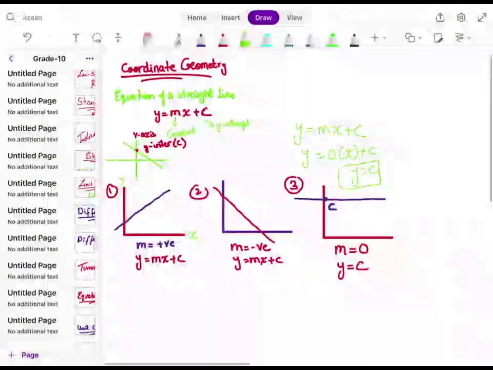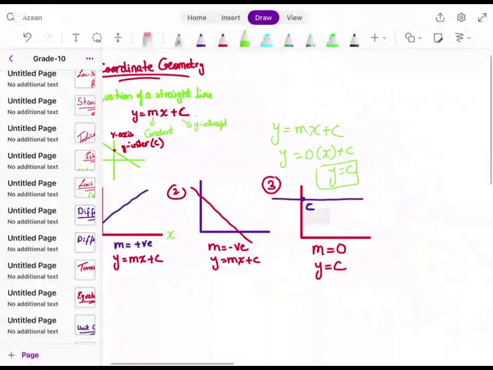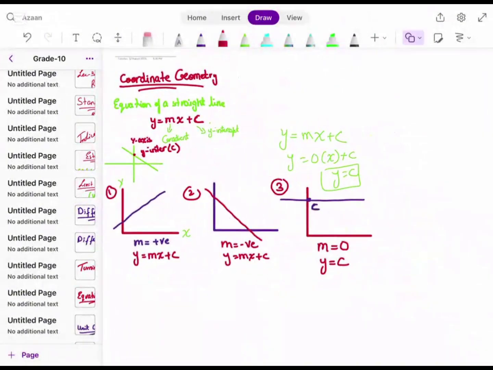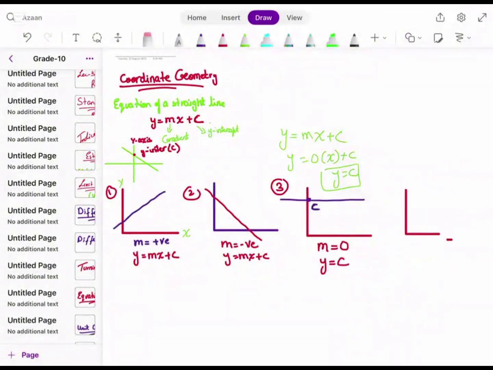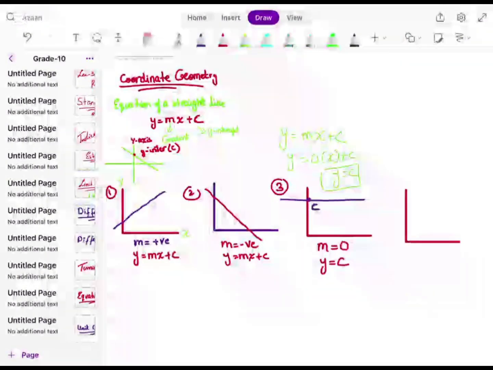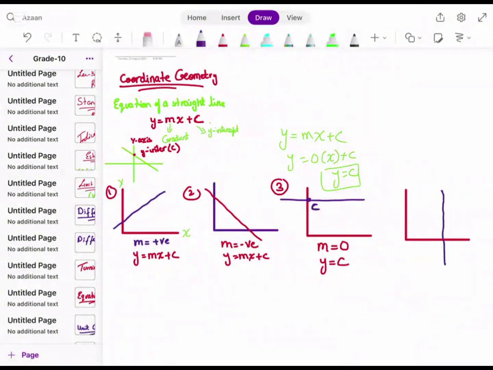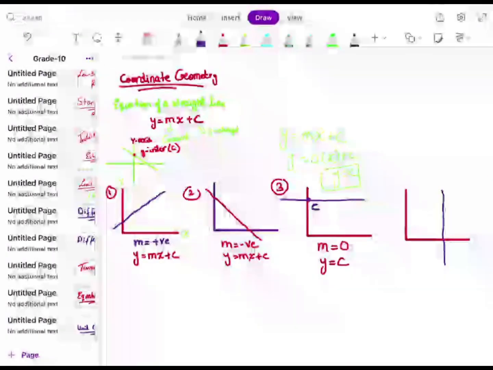Now we have condition number 4, the last condition. Now the line will be vertical. For example, you can see this line intersecting the x-axis.